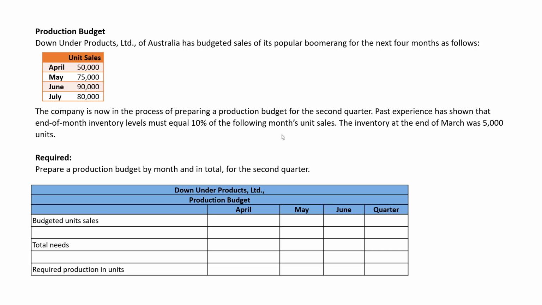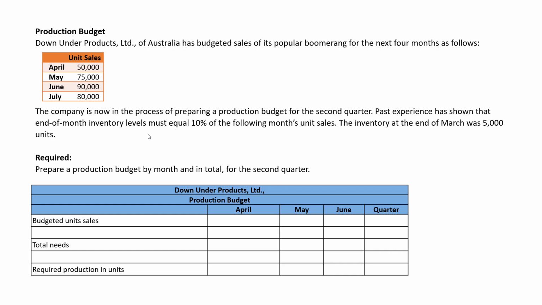So we're not a just-in-time manufacturer. They want us to have a little bit of inventory on hand for two reasons. Remember, this is a budget, so we're predicting that this is what we think our sales are going to be, but we don't know exactly. So let's have a little bit of buffer of inventory on hand just in case our sales are more, so we're not turning away customers.